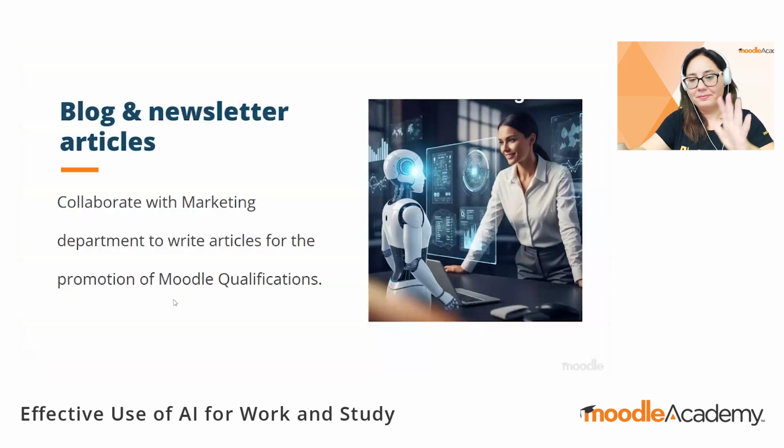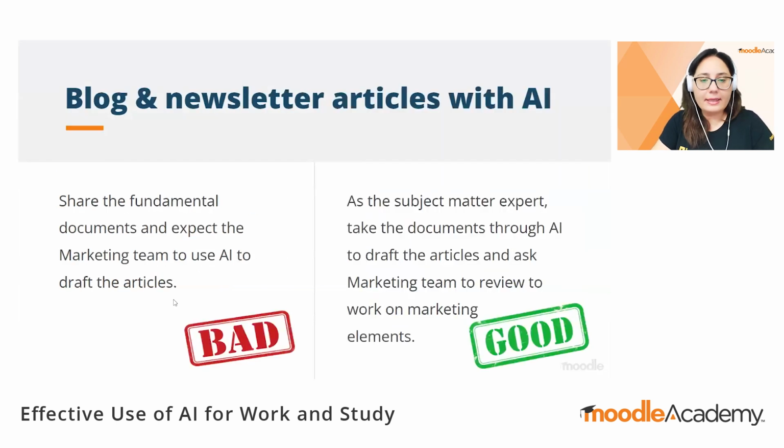And let me share my experience, because once I had the task to collaborate with the marketing department to write articles to promote Moodle qualifications. And I had a number of fundamental resources already in place. The easiest way to deal with it would probably be to share those documents with the marketing team and expect them to draft an article using AI.